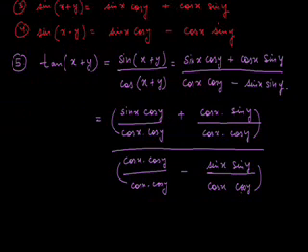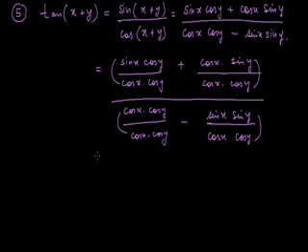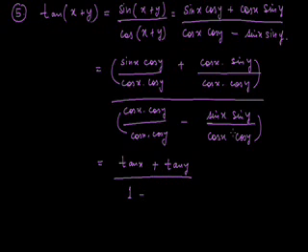So after simplification, what you will get is, here cos y gets cancelled out and you will get sin x upon cos x, which is tan of x. Here cos x and cos x get cancelled out. You get sin y upon cos y, which is tan y, whole upon 1 minus sin x upon cos x, which is tan x, and sin y upon cos y, which is tan y.